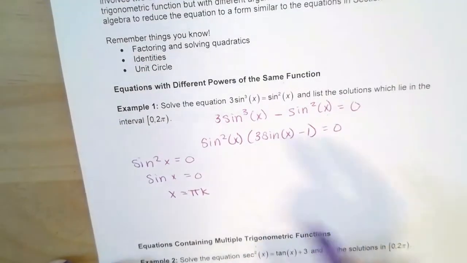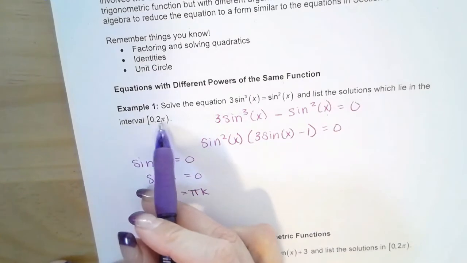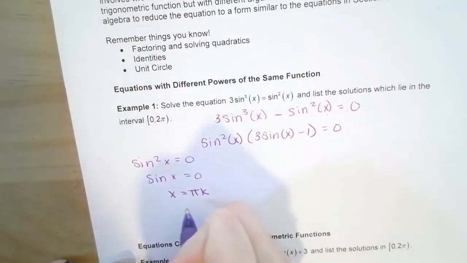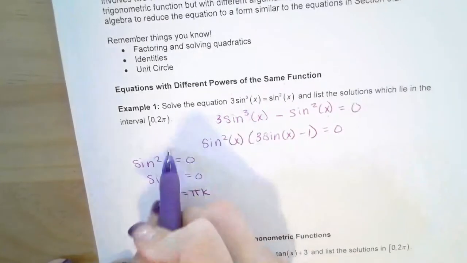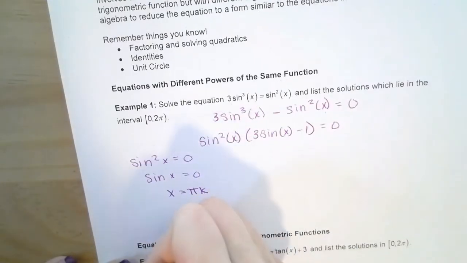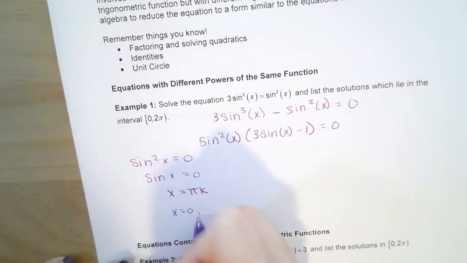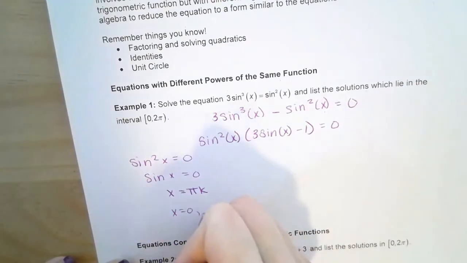Now I also know that since we are only going between 0 and 2 pi, k in this situation can only be 0 and 1 because it's not including the 2 pi. So if I put in 0, I get x equals 0. And if I put 1 in for k, I get pi.